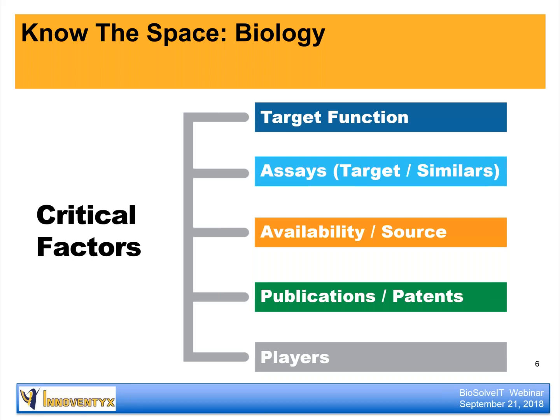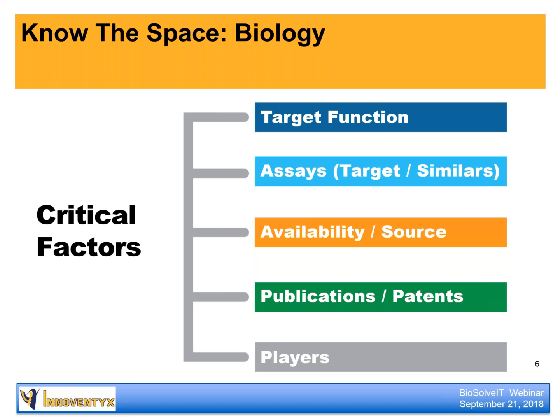And for that, we all know that we can go to scientific publications to learn as much as we can about the biological target. And patents are also another source of information. Sometimes they might not be as detailed as a scientific publication, but typically patents are the first ones that come and tell you something that is eventually published in more detail.